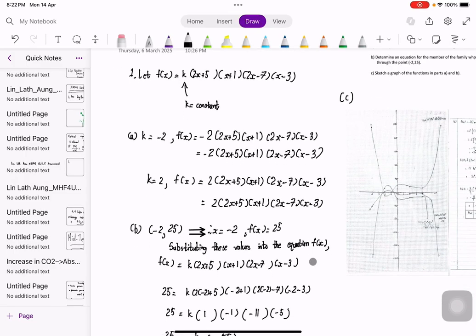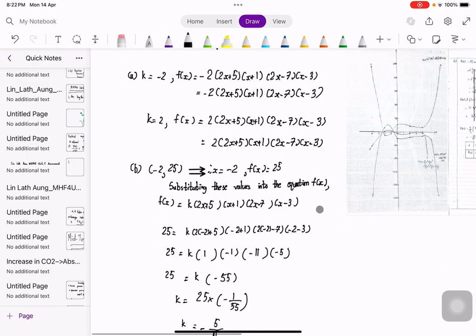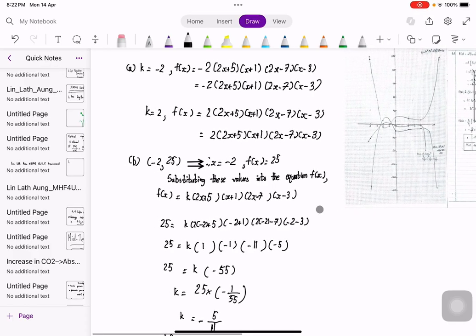And for B, I do it here, and this gives the point minus 2 and 25. By this coordinate, we can get the value. x would be minus 2, and f of x would be 25.